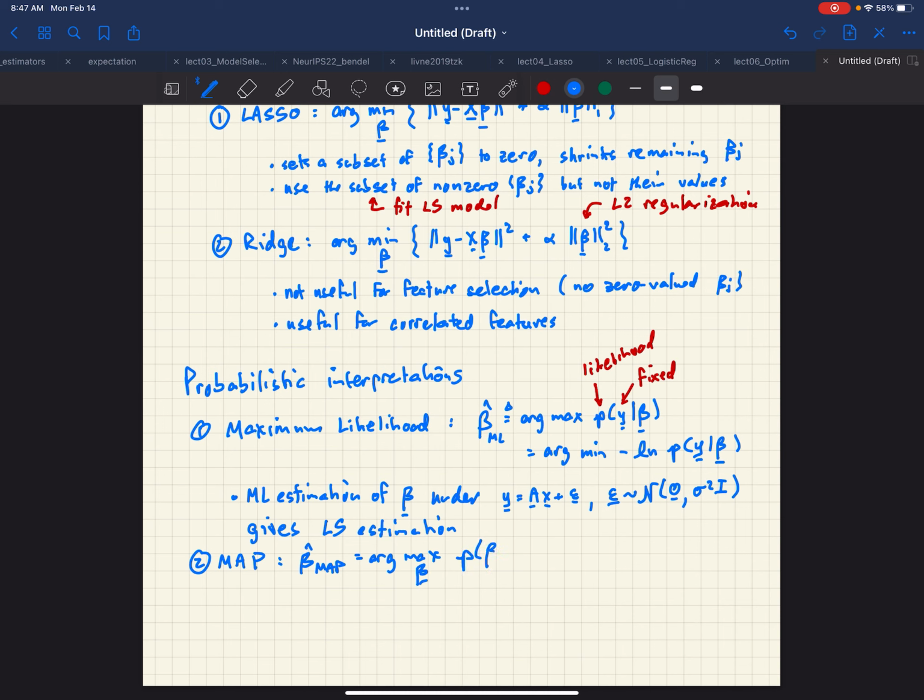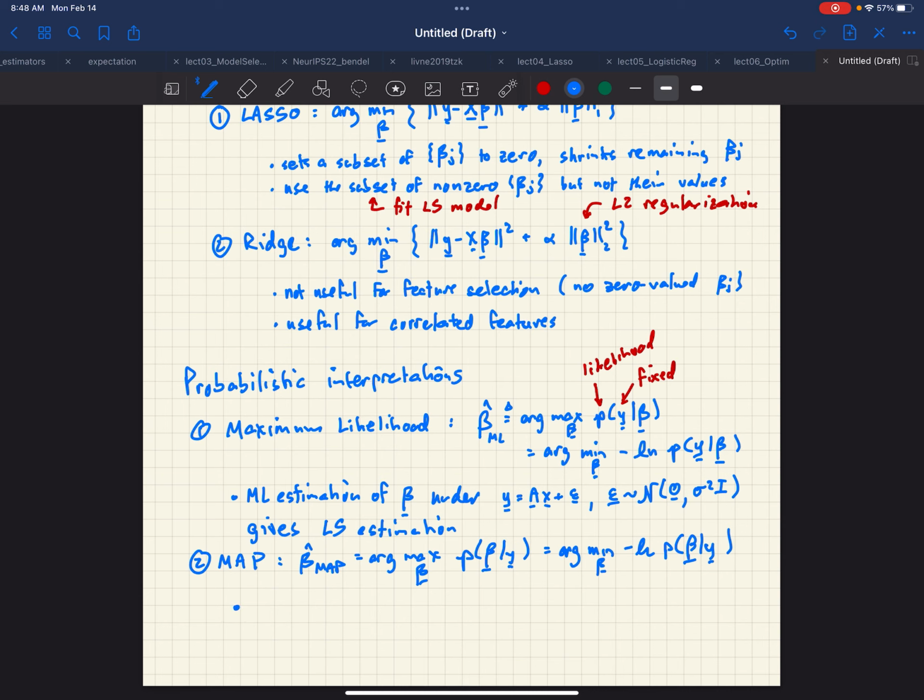We have the probability of beta given y, and we can also do argmin. Sorry, I forgot the little betas before. Argmin over beta of the negative log probability of beta given y.